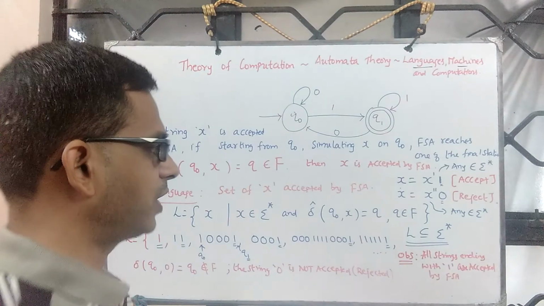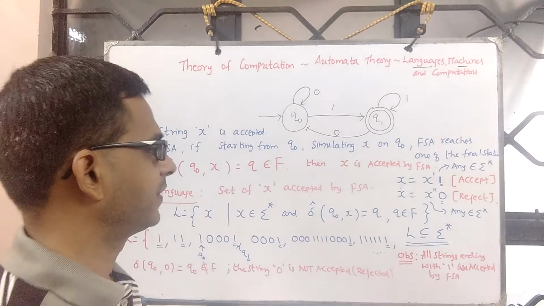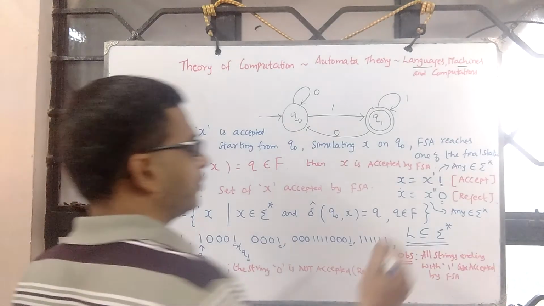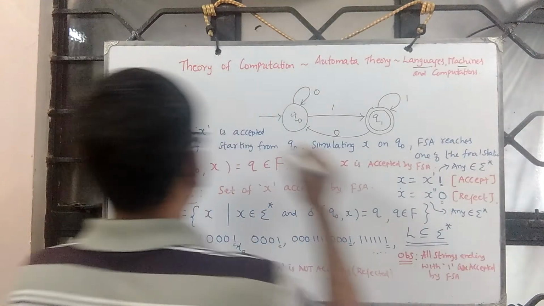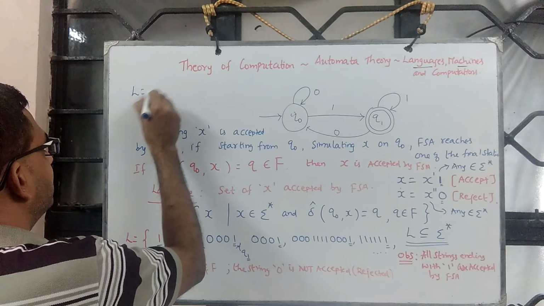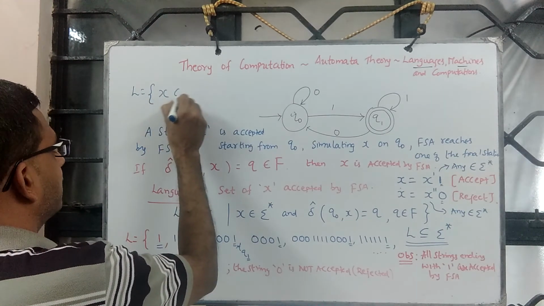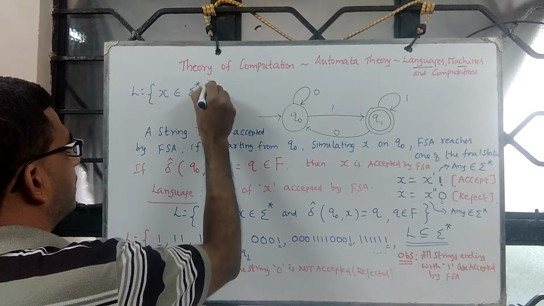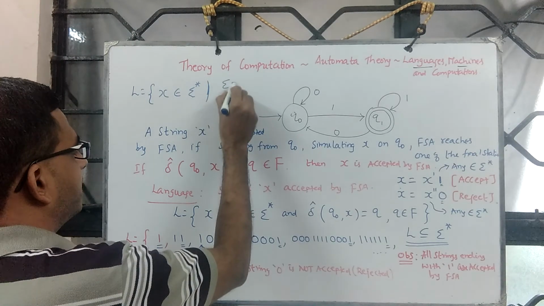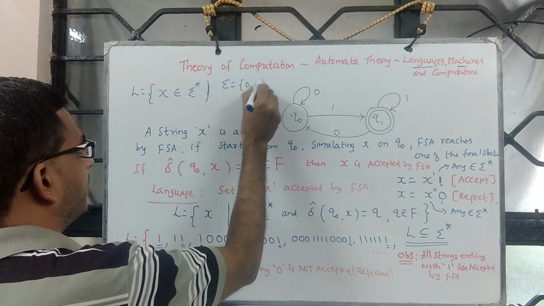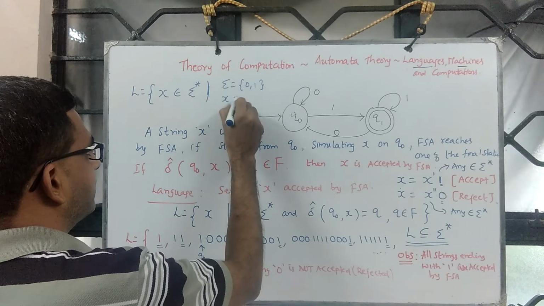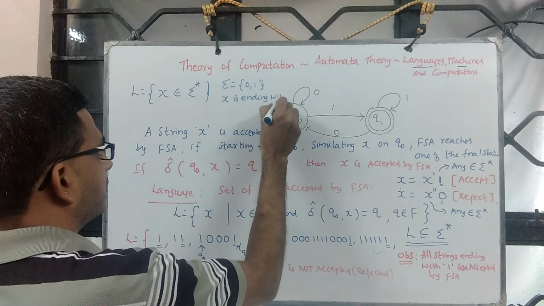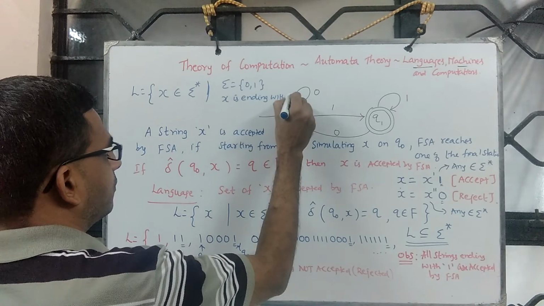That's precisely what the machine is doing. So what are we concluding? The machine is accepting this language: set of x belonging to sigma star, where sigma is 0, 1, and x is ending with a 1.